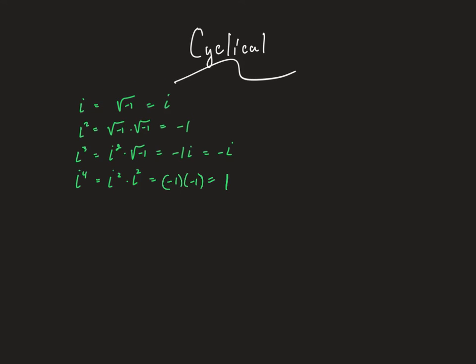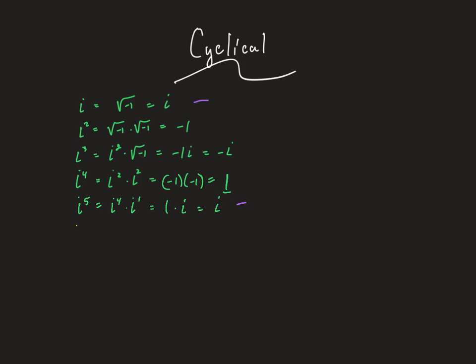Now, what we will find is we will start to see it repeat. If I go i to the fifth, that is i to the fourth times i to the first, which is 1 times i, which is equal to i. There you go, it's starting to repeat right there.